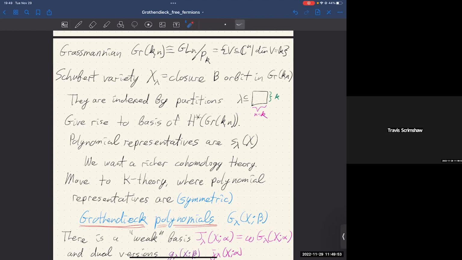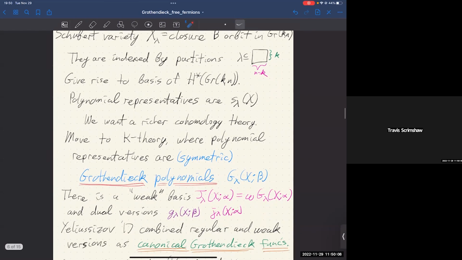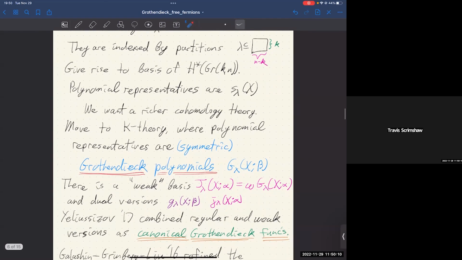And so we understand the cohomology ring fairly well, but it doesn't contain necessarily all of the information. We actually lose a lot of information. So we want to make this a bit richer. And so we move from the cohomology ring to the K-theory ring.